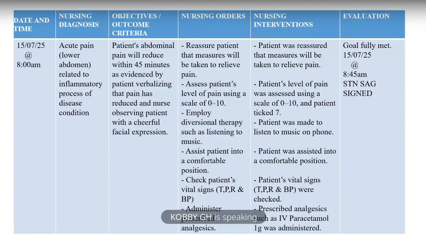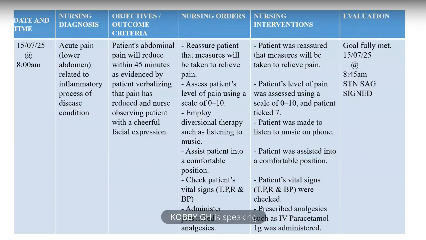Now, remember that the pain, you can also relate it to surgical intervention. For example, those of you who will be going to surgical, if the operation has been done, don't relate the pain to the inflammatory process of disease condition. Relate it to the surgical intervention. Let me repeat that again.